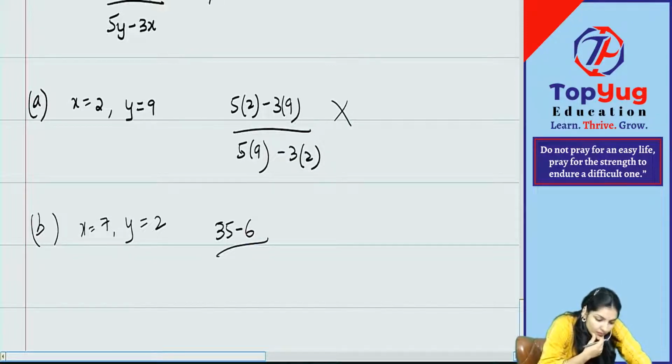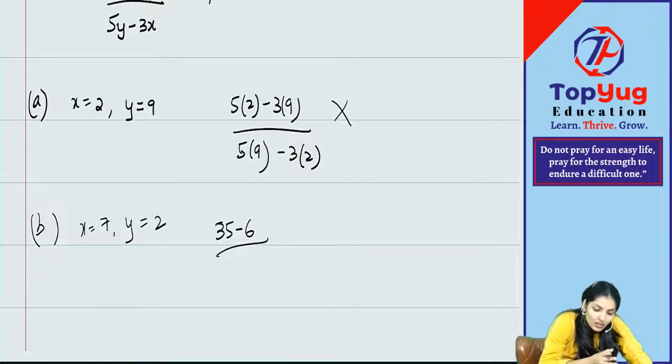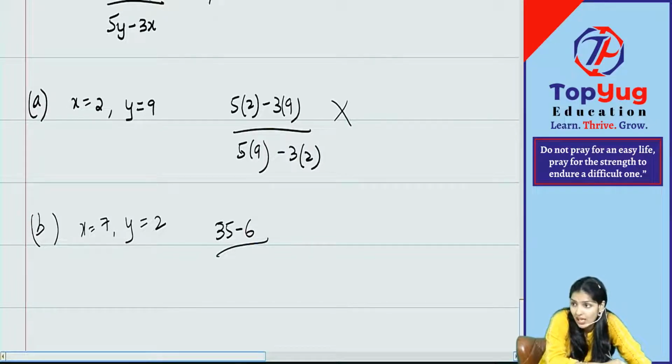B is wrong. Now guys, we can also see that the T and E method is too long, and as far as I remember, even C is not the answer.